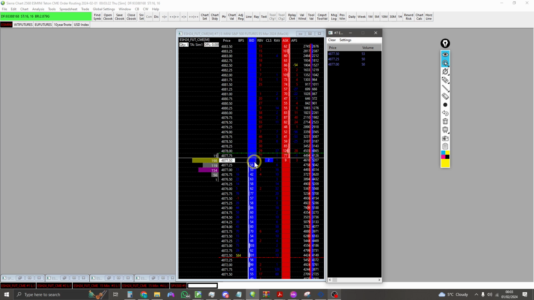Typically what that would look like is sellers that are selling at market are hitting into the bid, and if they're buying, they are lifting into the offer or paying the ask. So we can see that the price is currently here. There is 48 on the bid and 35 on the offer.